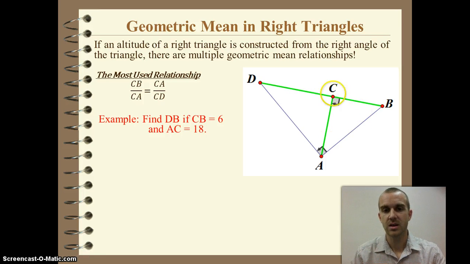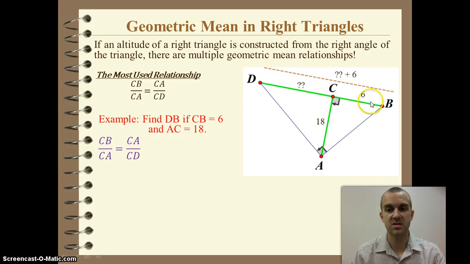So let's see what that would be. If I want to find the entire length of segment DB, and I know the length of CB is 6 and the length of AC is 18, I can use this relationship. So 6, and I want to find CD. So 6 over 18 is equal to 18 over x.